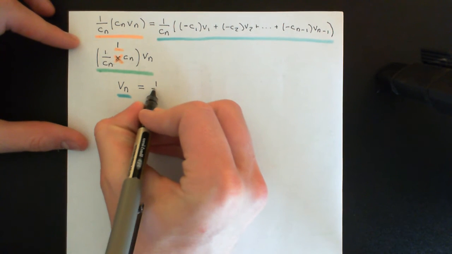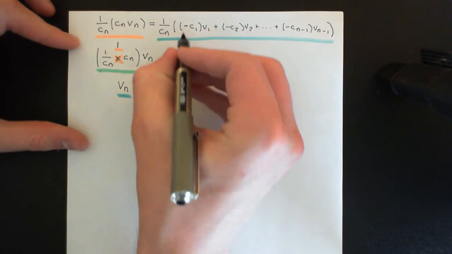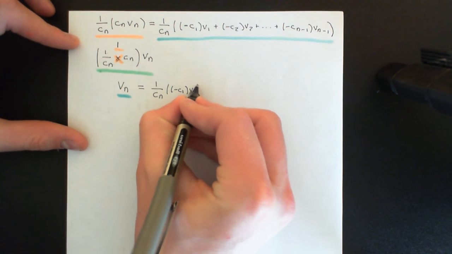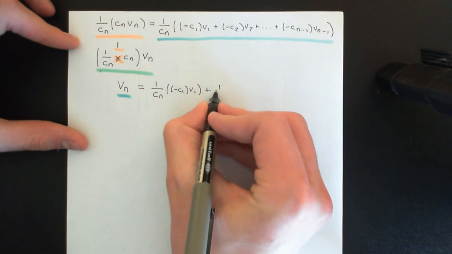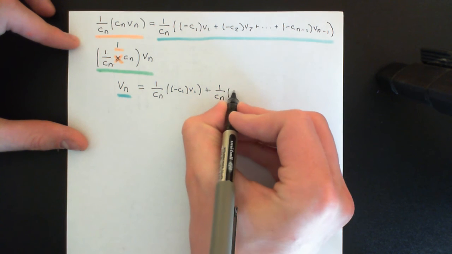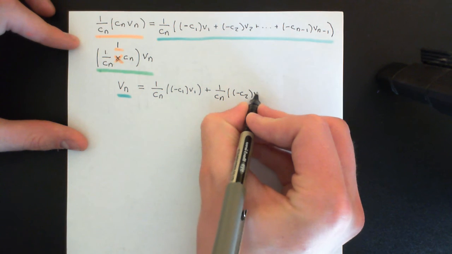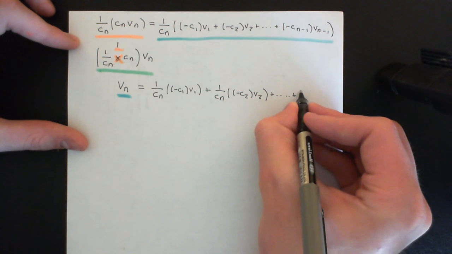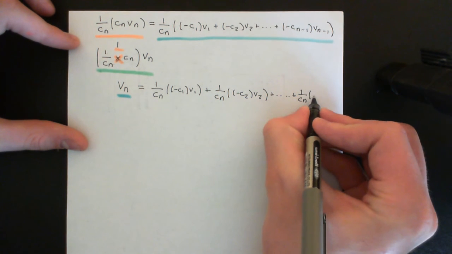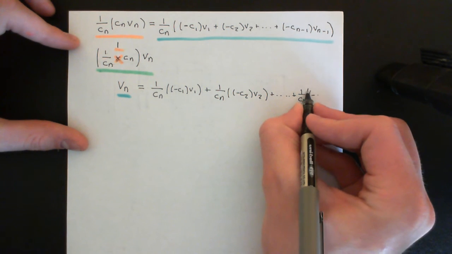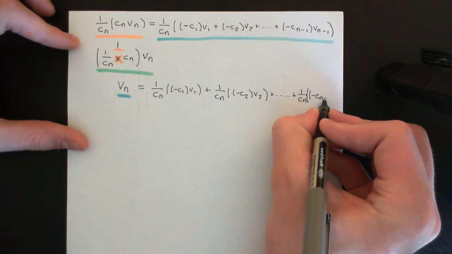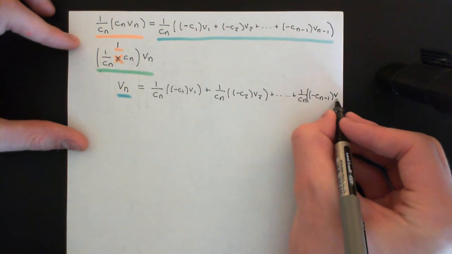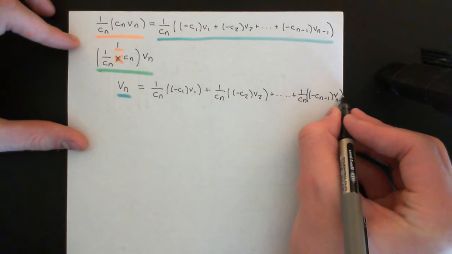So we'll rewrite it as 1 over Cn times negative C1 times V1, and then plus 1 over Cn times negative C2 times V2, and then all the way up till you finally have plus 1 over Cn times negative Cn minus 1 times Vn minus 1 there.